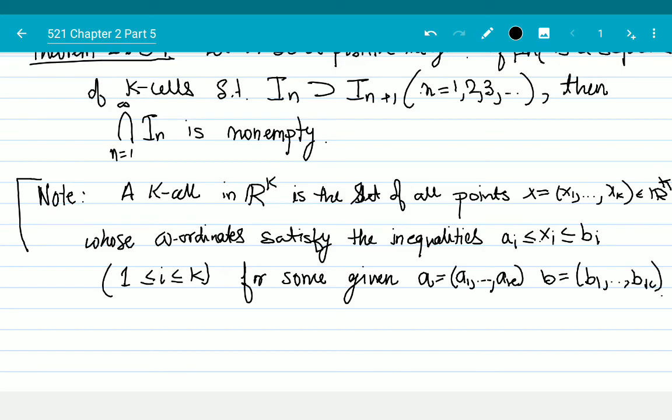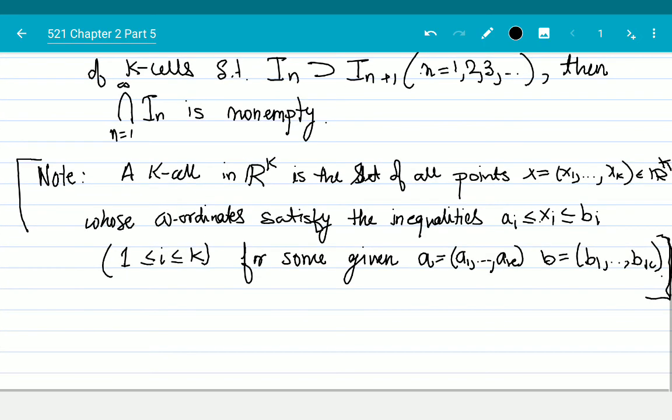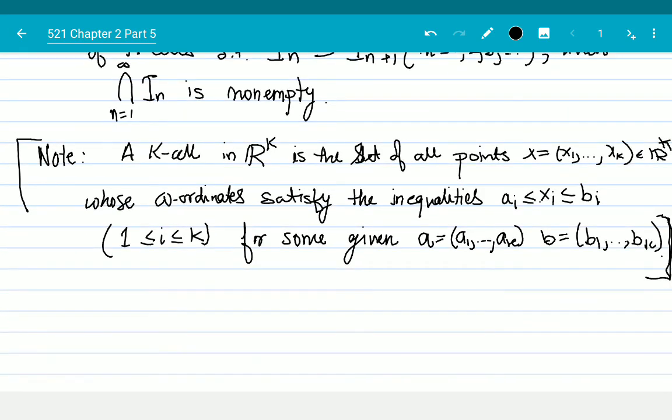Okay, so for example, in particular, a 1-cell is an interval, as we saw previously, and a 2-cell is actually a rectangle. Okay, a 3-cell is a cuboid, and a 4-cell is generally called a 4-cuboid or something. Okay, so proof.